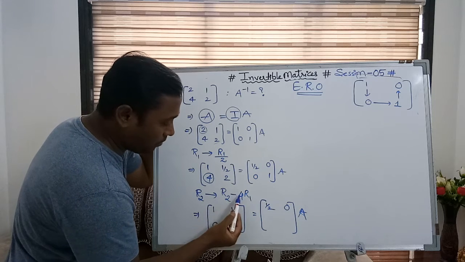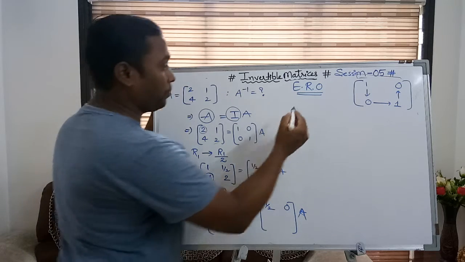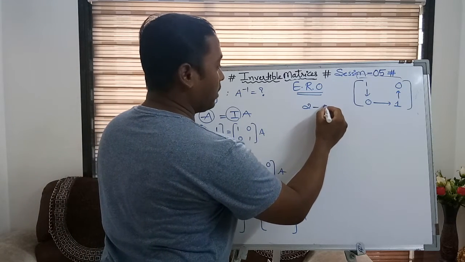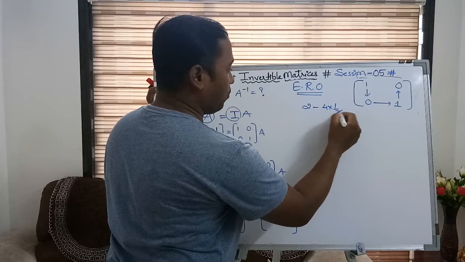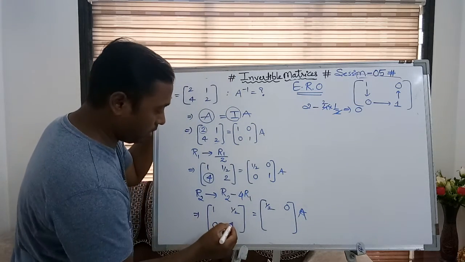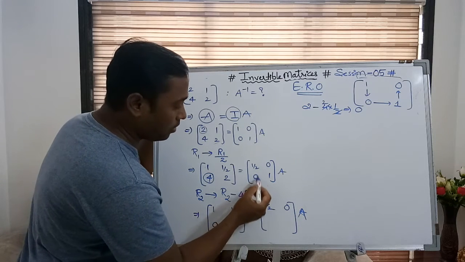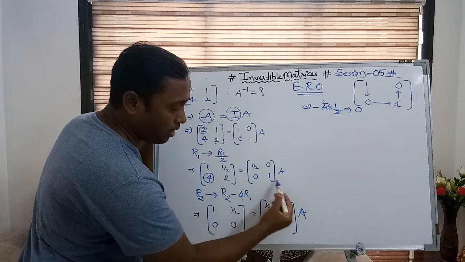Now from R2, 4 times R1. So from 2, subtract 4 times 1 by 2. 2 minus 4 times 1 by 2. What will you get here? 2 minus 2 is 0. So ultimately you get 0 here. Similarly, the same operation will be applied in the second matrix also.